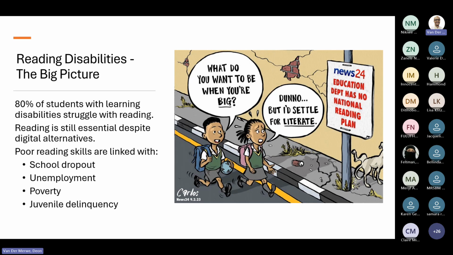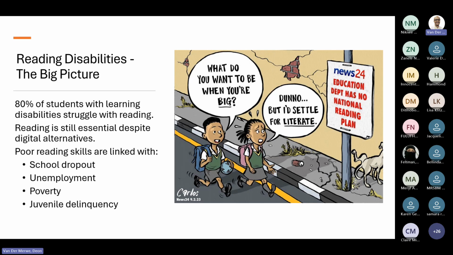So reading isn't the only way to learn anymore. But still, reading remains a critical skill. And it is also essential for keeping up with job training, staying employable, and participating fully in society.